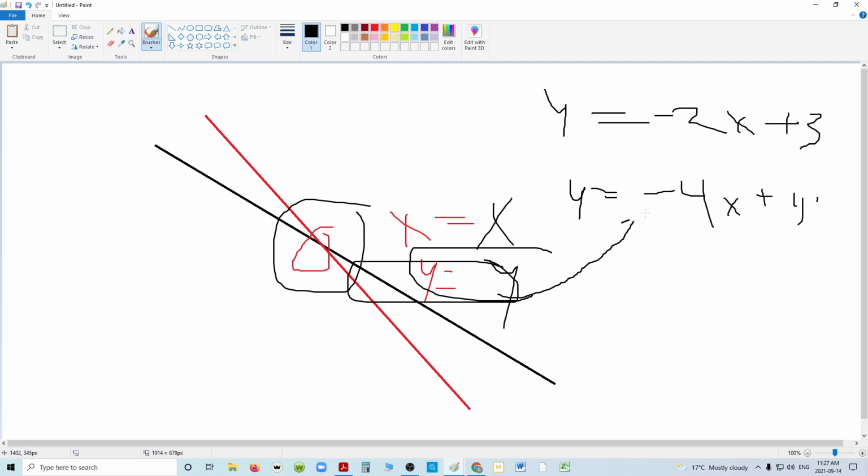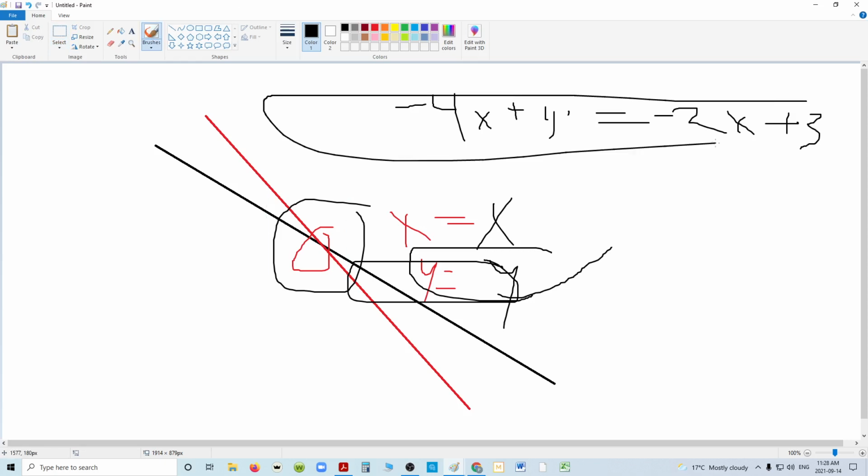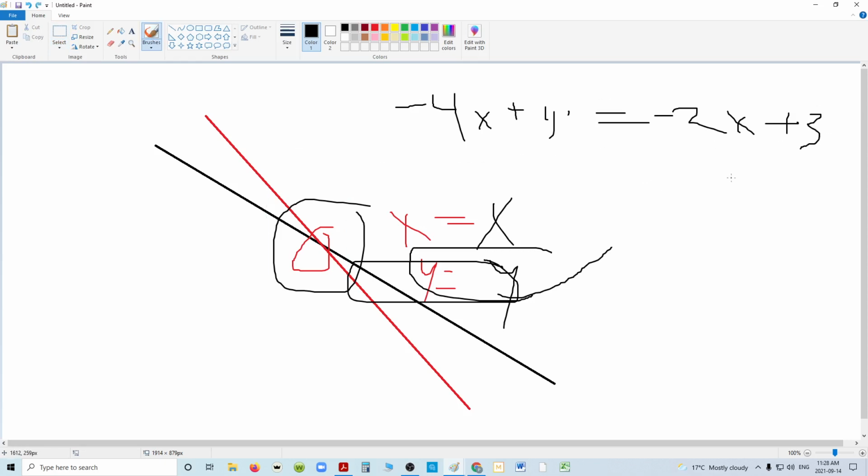So I will only discover where they meet by making their formulas equal to each other. So that's an important skill to learn. So when I bring the minus 2x to this side, I get minus 2x total. When I bring the 3 to this side, I get plus 1.